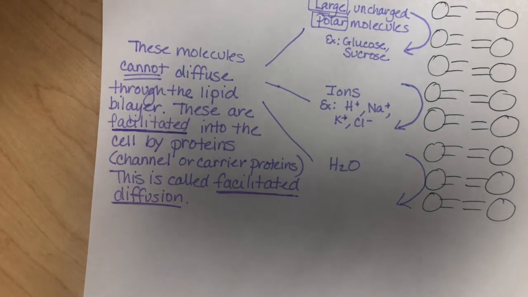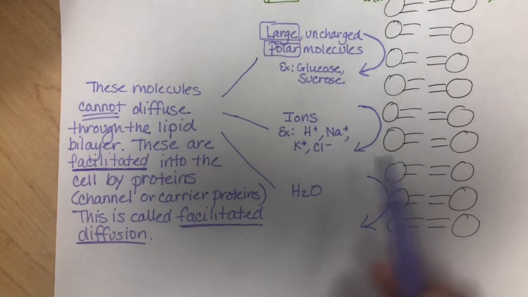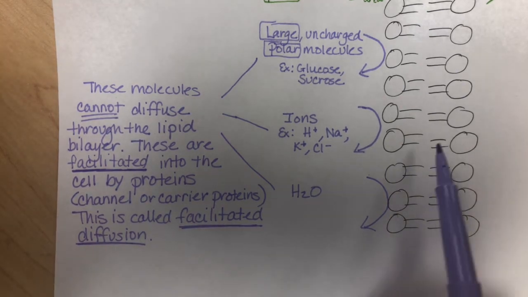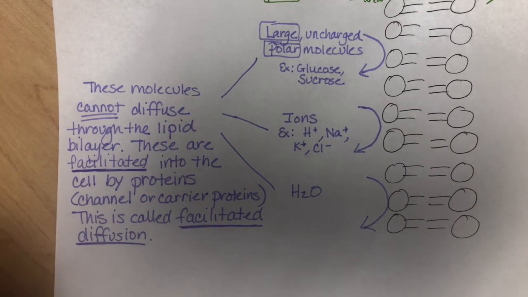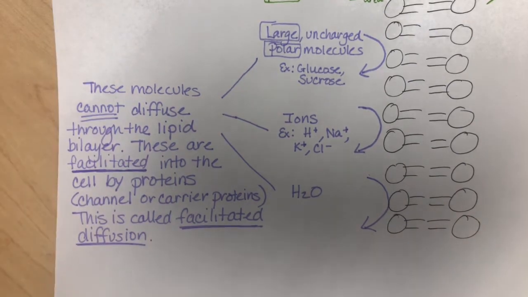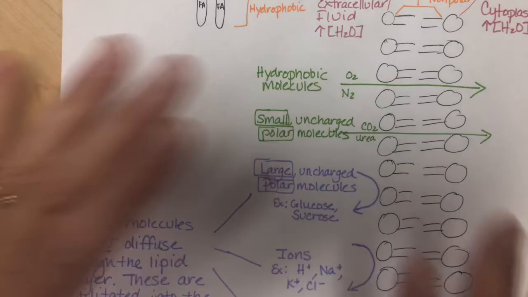So these guys can get through the cell membrane, just not through the lipid bilayer. There are proteins embedded within that lipid bilayer. So this tells us what can and can't get through the cell and how it does that, whether through the lipid bilayer or a protein.